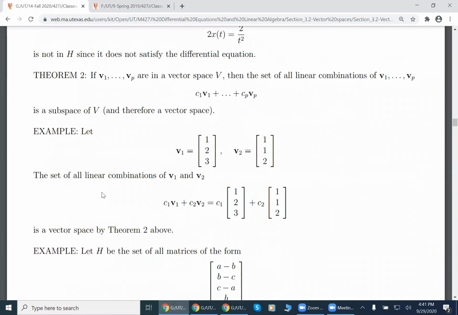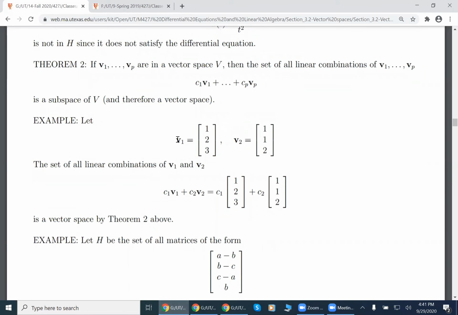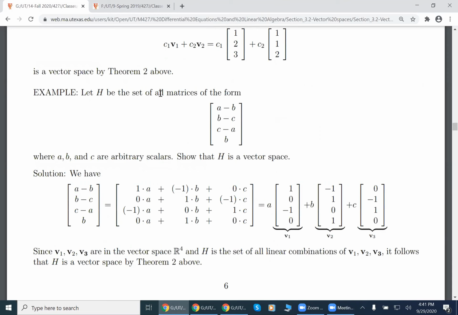Similarly, take a look at this even simpler example. Here's V1, here is V2. It immediately follows from Theorem 2 that the set of all their linear combinations is a vector space. Here's an example. Let us consider the set of all matrices of this form. Let us show that this is a vector space. Here's how we do it. Observe that any such matrix can be rewritten as A times V1 plus B times V2 plus C times V3.